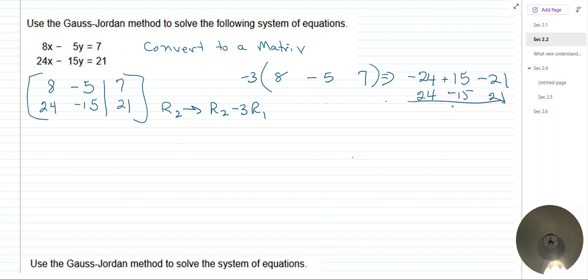So when I do that, I get zeros, right? Zeros all the way across. So I now have 8, -5, and 7. And I have zeros all the way across. So if I have zeros all the way across, then, or do I have, let's see what I have. What did I do here? 21, and this one is 21.